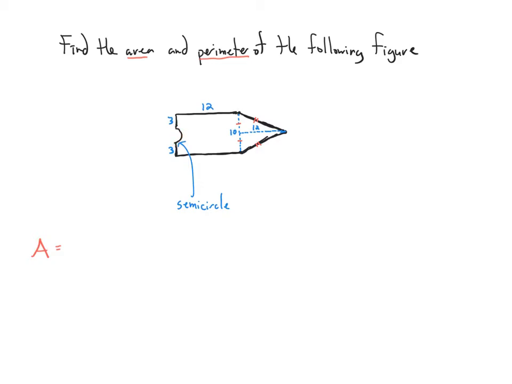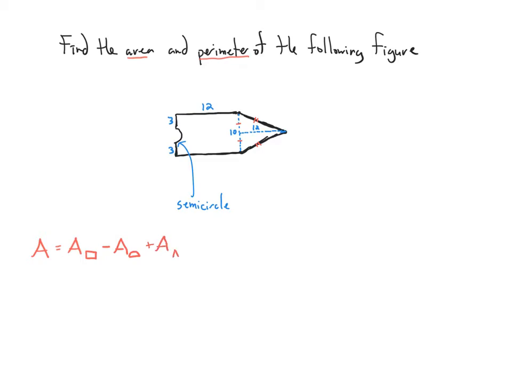So we figure out the area of the rectangle, and we take off the area of the semicircle, and we'll talk about how to do these in a second. And we also have the area of the triangle we can add on as well. So we add on the area of our triangle.